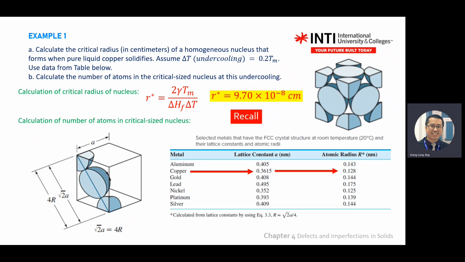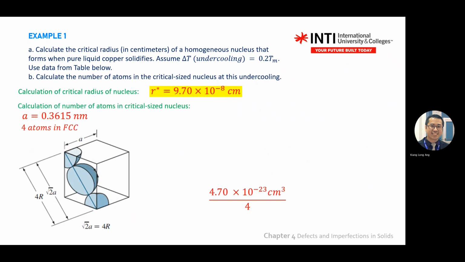You have two values: 0.36 for A and 0.128 for R. For FCC, we all agree that we have 4 atoms in the cubic cell. So we take all the information we know, and then calculate the volume of a critical size nucleus. The volume of a sphere is 4 over 3 pi r cubed.